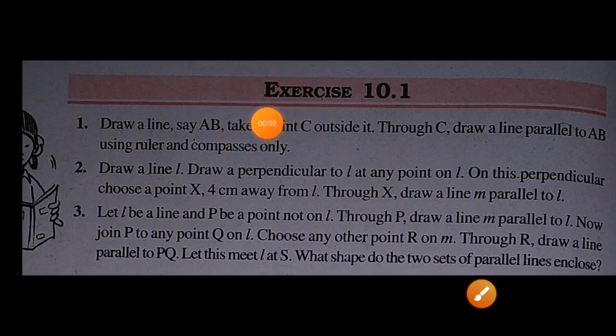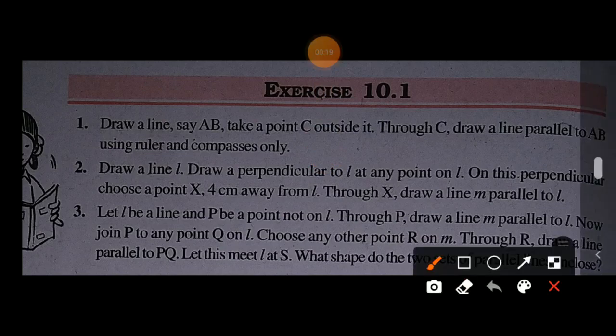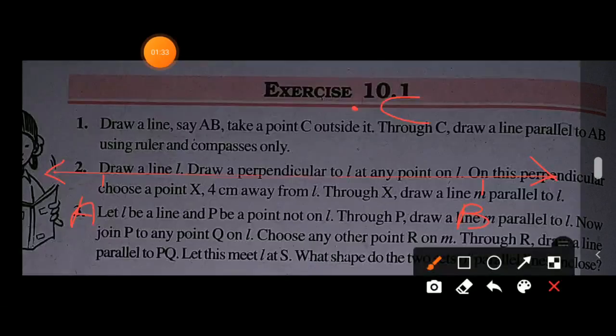Now we are going to start exercise 10.1. Question number 1. Draw a line, say AB, take a point C outside it. Through C, draw a line parallel to AB using ruler and compasses only. So first we draw a line AB. Suppose we take the point D here.